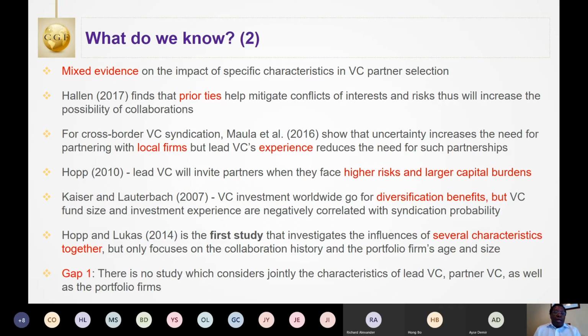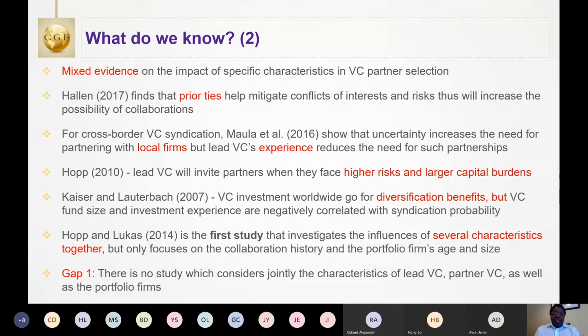So cross-border venture capital firms will partner with local firms to reduce uncertainty. But this literature also says that the lead venture capital experience matters. If a lead venture capital firm realizes that it understands the market, it may be able to understand the market much more than the local firms because of its expertise and experience.